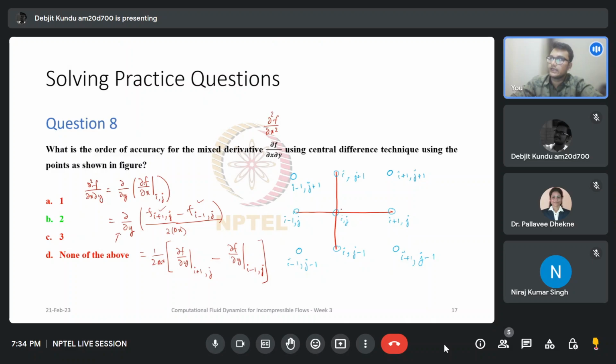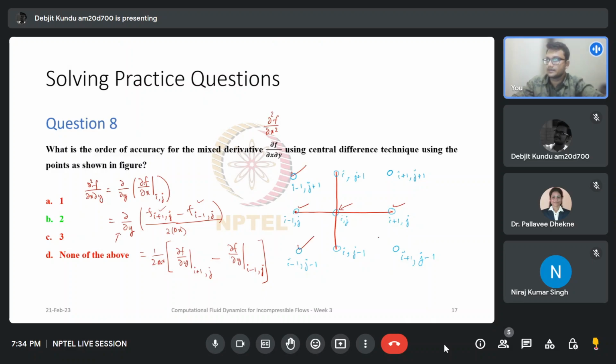So for calculating this point, I needed this one and this one to calculate the ∂f/∂x. Now we have a ∂f/∂y operating on each of these. So if we focus on this for now, for ∂f/∂y, I can use this point and this point.